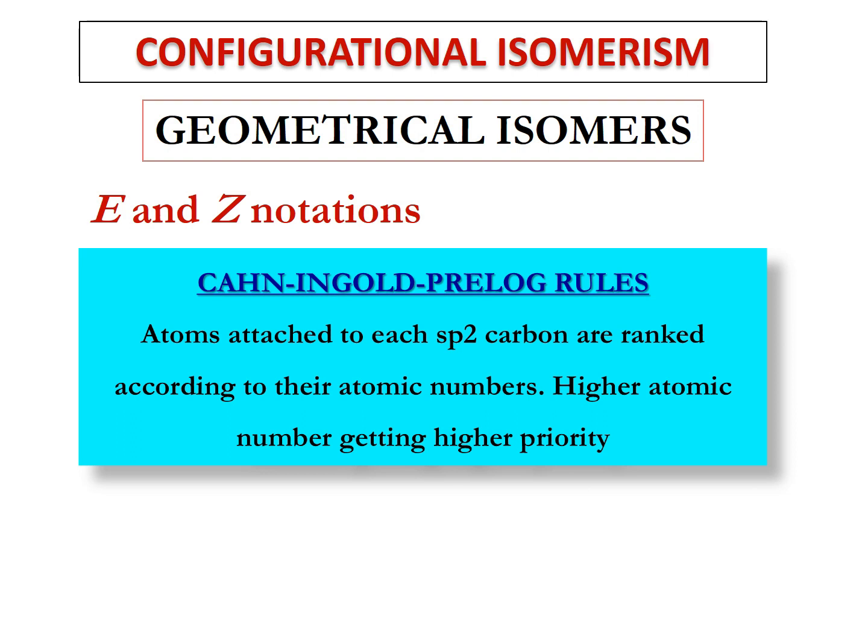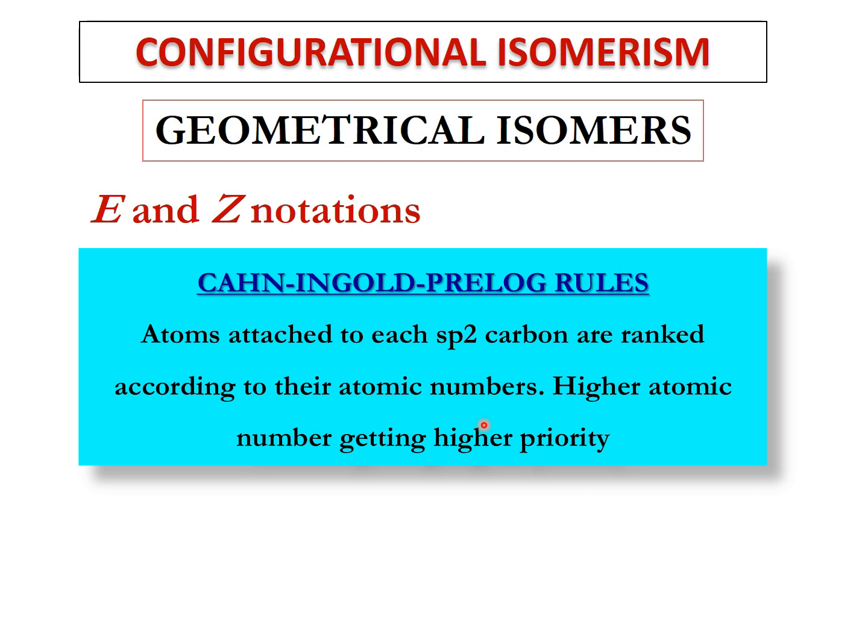So according to the Cahn-Ingold-Prelog rules, the atoms attached to each of the sp2 carbon atoms are ranked according to their atomic numbers. So the atom attached to the sp2 carbon having higher atomic number will have a higher priority, and another atom attached to the same sp2 carbon having lower atomic number will have a lower priority.